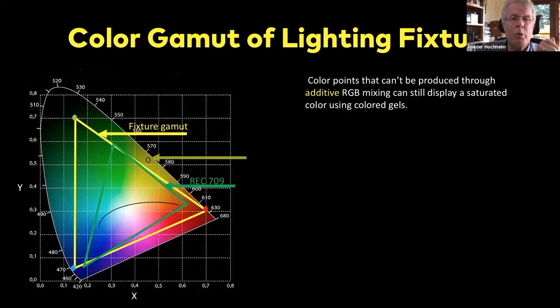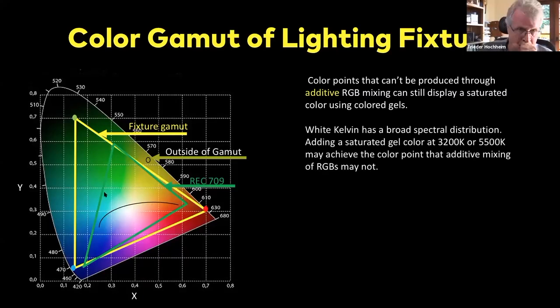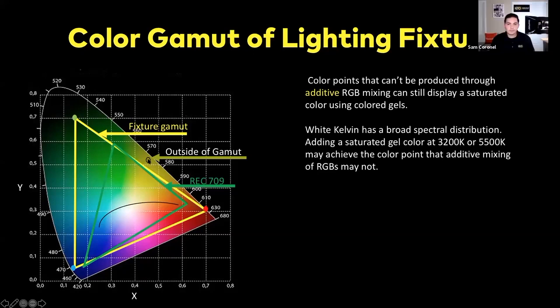So color points that fall outside can still be reached. If there's a color point that you can't get to with your RGB mix, there's another way of doing it, and that's by adding a color gel. So in this case, I'm citing an example of where a color point falls out here. How do we get there?